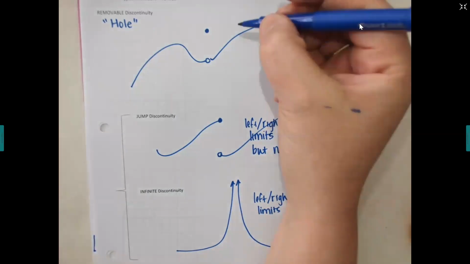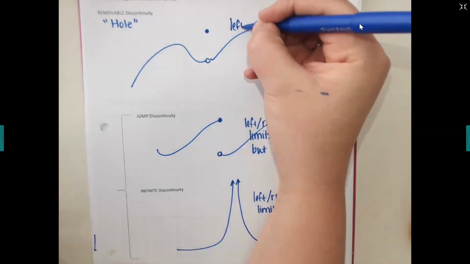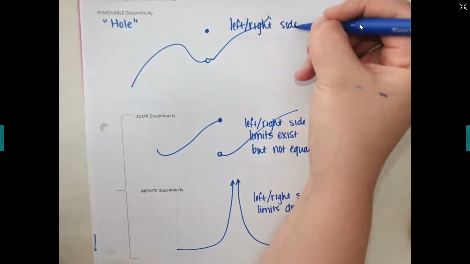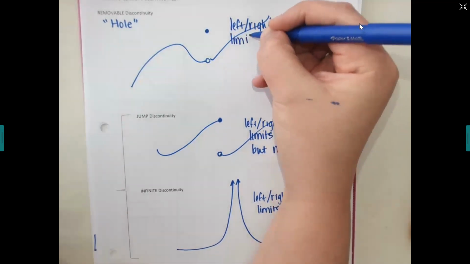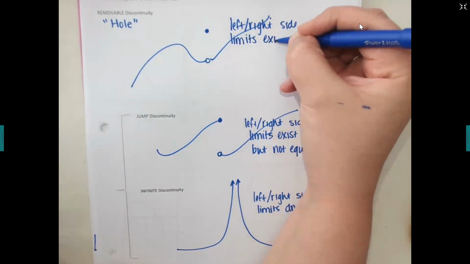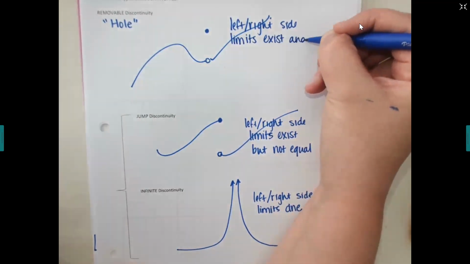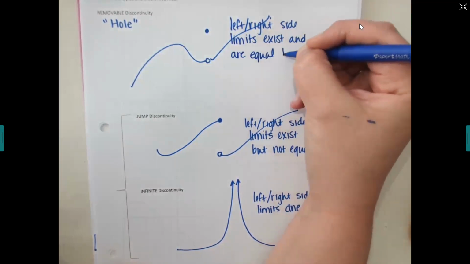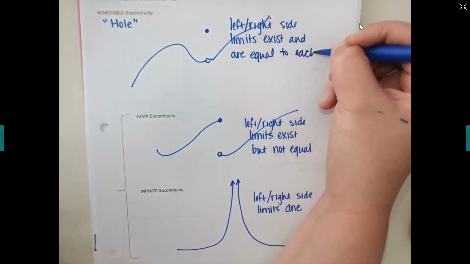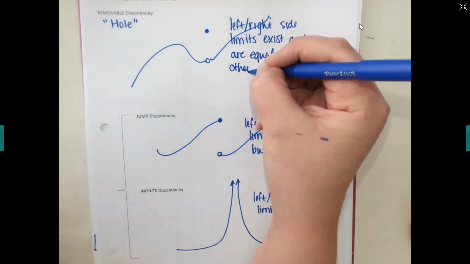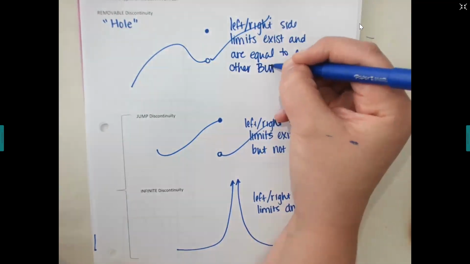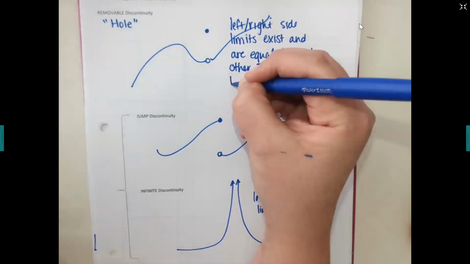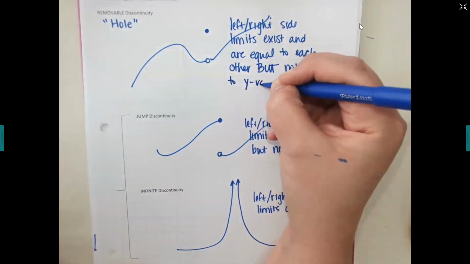So I'm going to put your left and right side limits exist and are equal to each other, but not equal to the Y value.